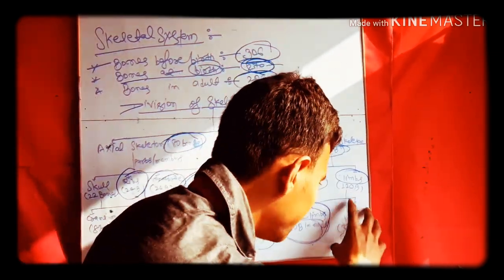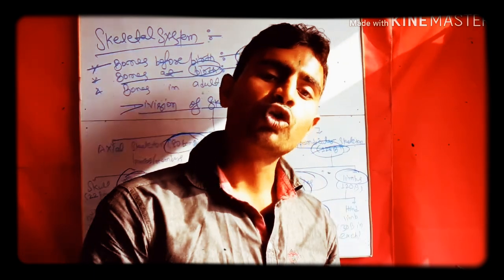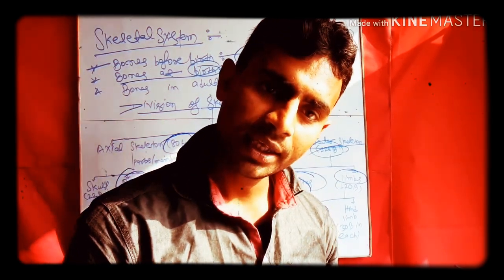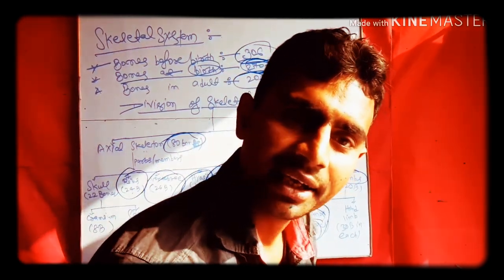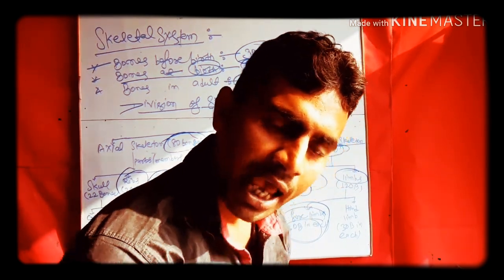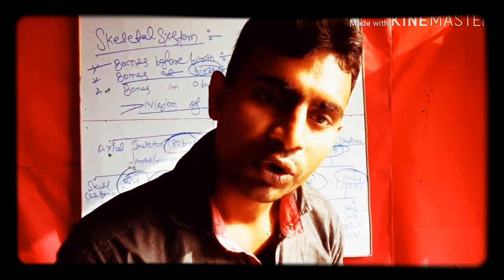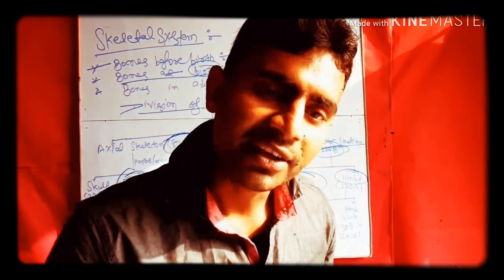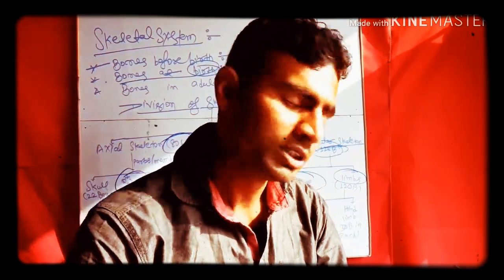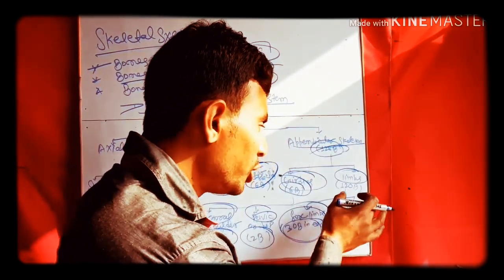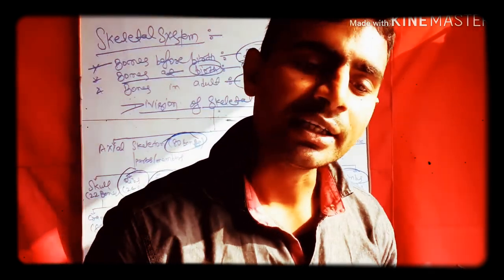And the hind limb is the bones of the leg. Each leg has 30 bones, and we have one pair of legs. So 60 bones in legs and 60 bones in hands. In this way, 120 bones are present in limbs.